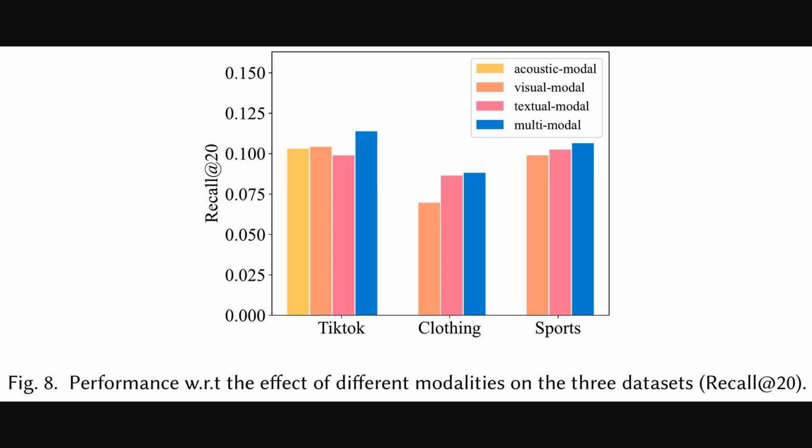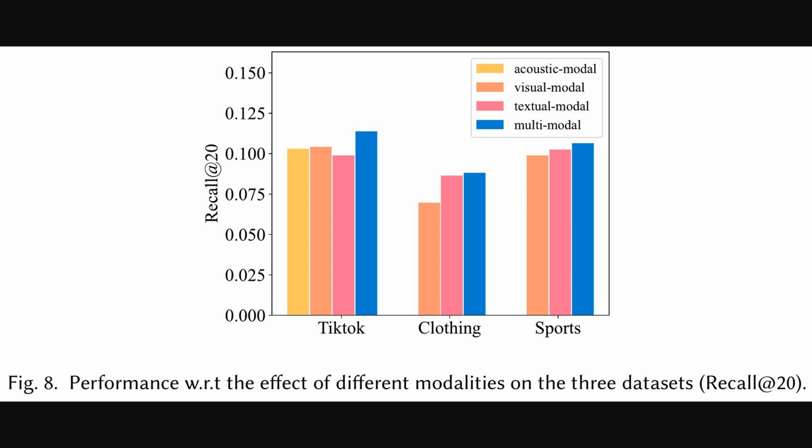Alright, so that ablation study really hammered home the importance of each part of the multimodal hypergraph contrastive learning model. Now, Figure 8 explores the multimodal aspect a bit more deeply. It shows us the recall at 20 performance when using different types of item features, specifically acoustic, visual, textual, or all of them combined, which is the multimodal approach.